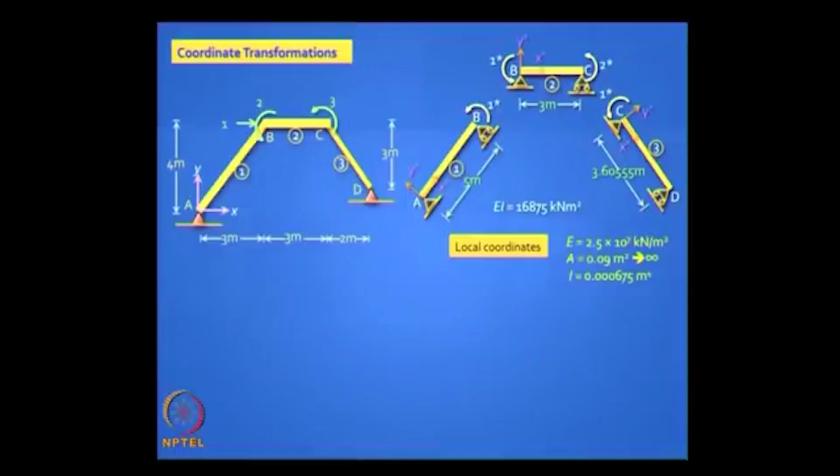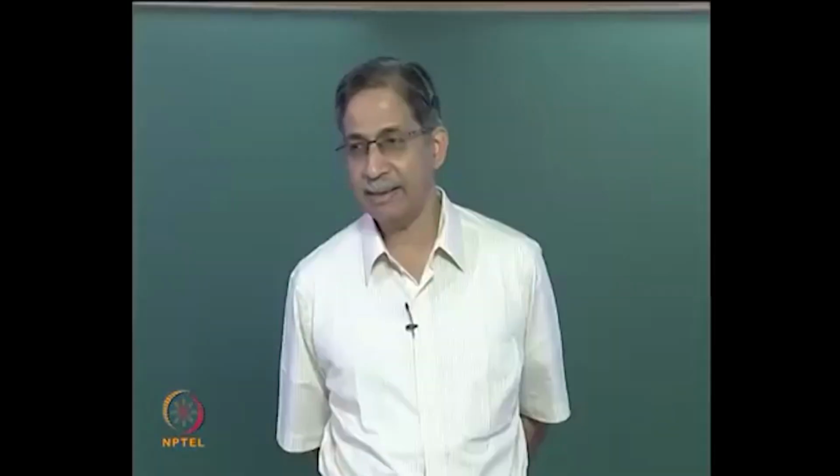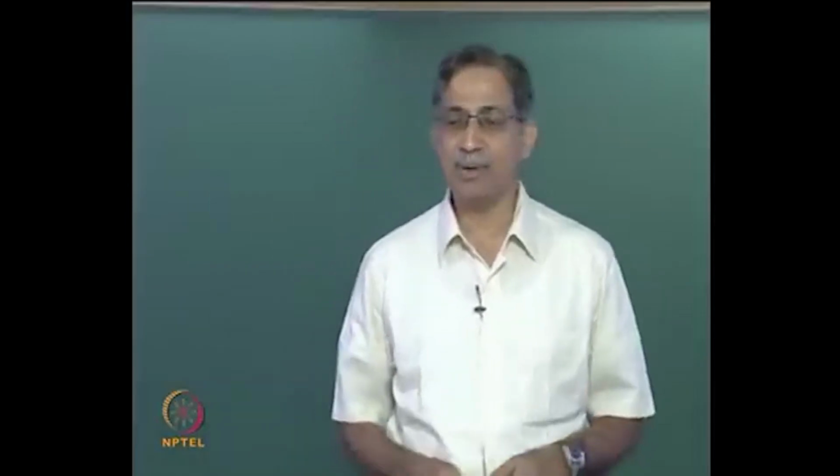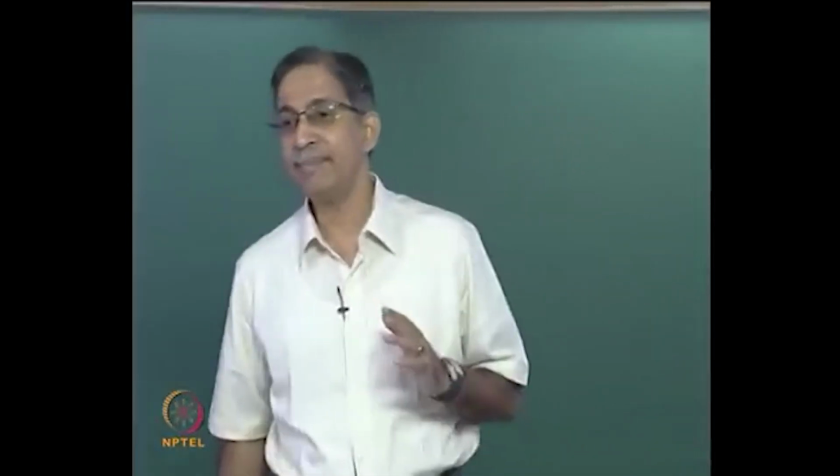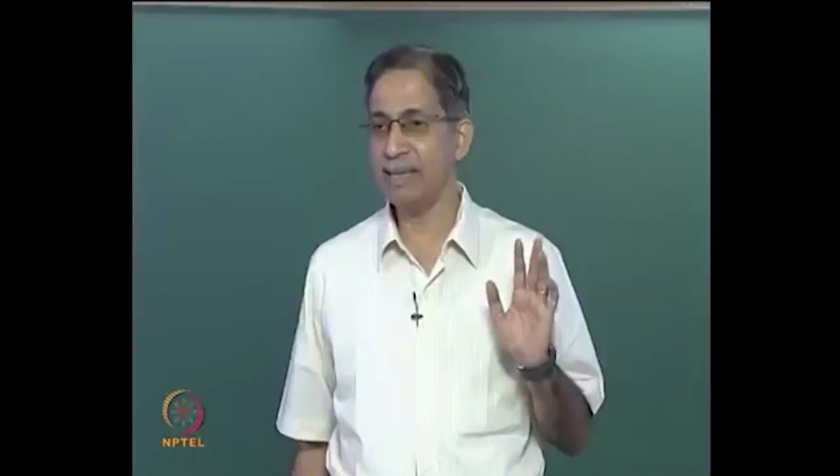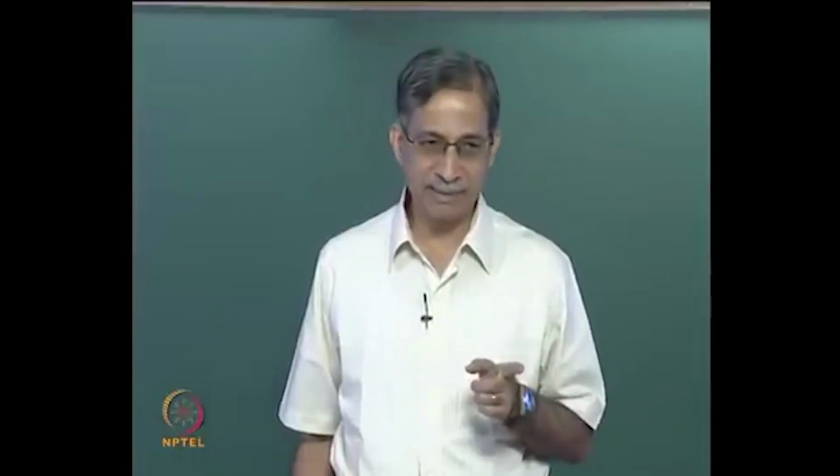Local coordinates, again I take advantage of the fact that there is a hinge at A and D. So my 2 degree of freedom beam model will now become 1 degree of freedom model. What I have achieved is a massive reduction in the quantum of work. I am not going to use a plane frame element, I am using a beam element.